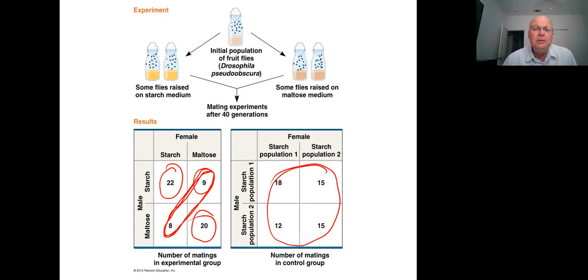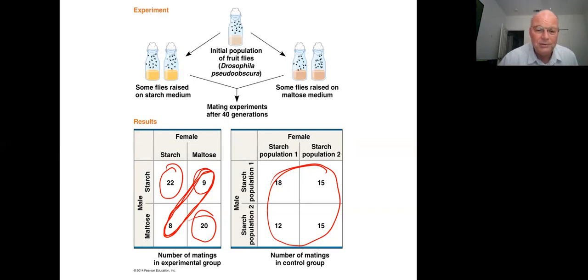But the data from the starch, the populations that were grown on the same sugar source over the same length of time, but when compared with those that were grown on different sugar sources, suggests that it is a reaction to the sugar source, that somehow they are able to detect individuals grown on the same sugar source versus individuals grown on different sugar sources.